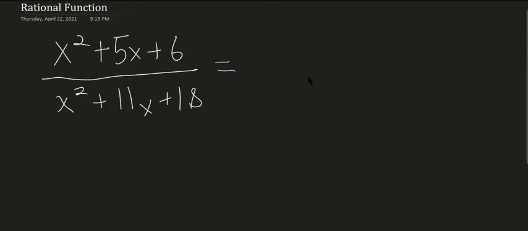So hello again. You're probably ready for the rational function. We're given the rational function x squared plus 5x plus 6 over x squared plus 11x plus 18. So what can we do? Well, you can notice that x squared plus 5x plus 6 is factorable, and it's factorable by x plus 2 and x plus 3.